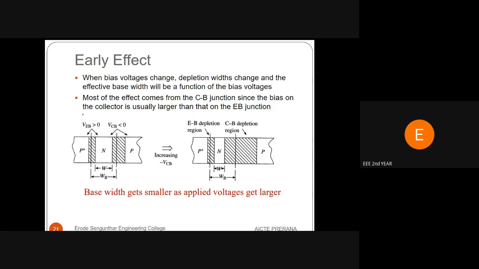This effect is known as early effect. Further, if we increase the reverse bias voltage and the total base width becomes 0, this condition is called punch through. In the punch through condition, the transistor breaks down.